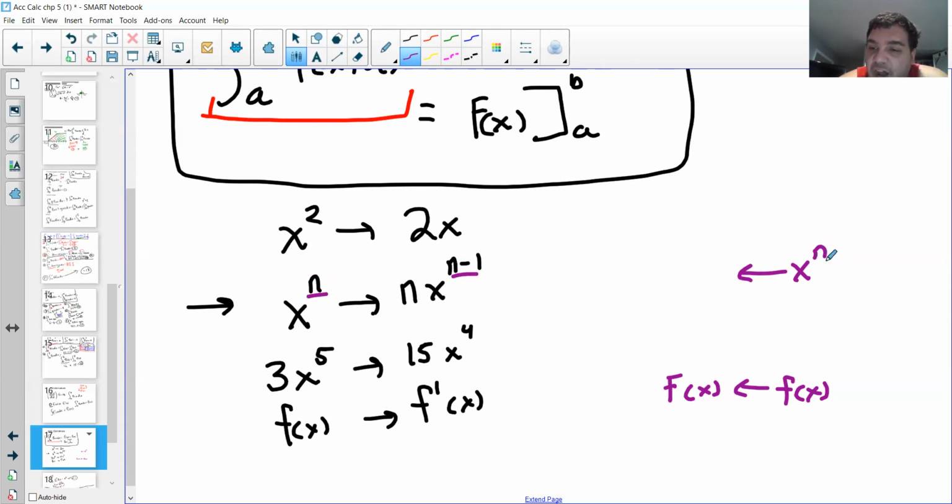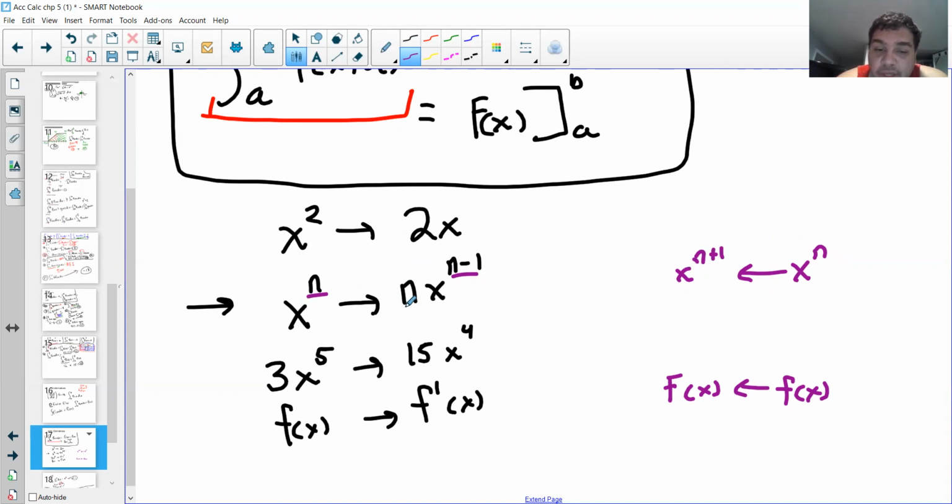So if we started off with n, to match this one, instead of minus 1, we'll have to do n plus 1. So we're going to have x to the n plus 1, which is the original function. Kind of like here, x to the n was here, and x to the n plus 1 should be here. If you subtracted 1, you would get back to n. So that makes sense.